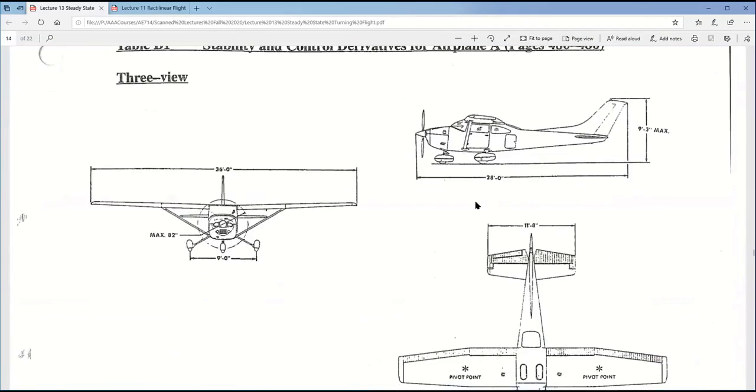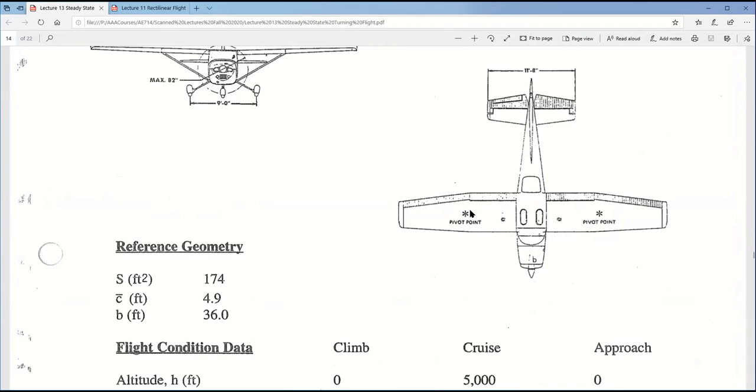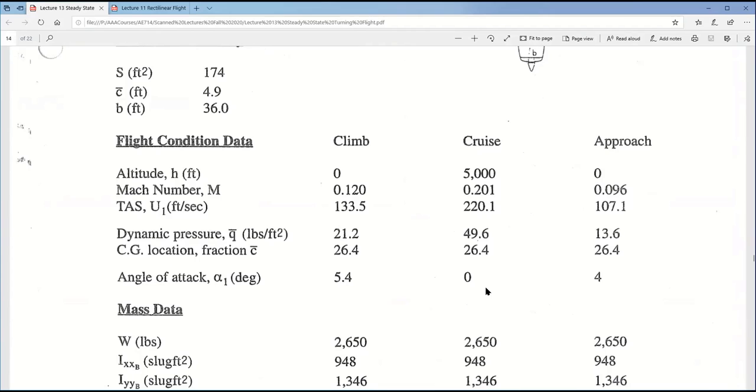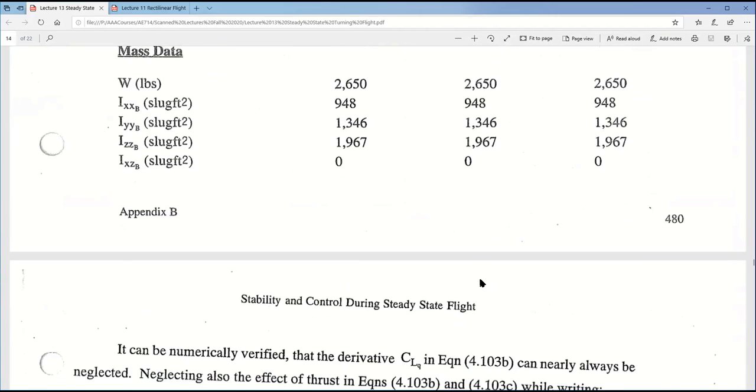Don't look at that. This is the Cessna 182 approximation. We're going to use the cruise condition here, so we're going to do a turn at 5,000 feet. And I've forgotten, do we need any of the inertia terms? No, we knocked that term out.